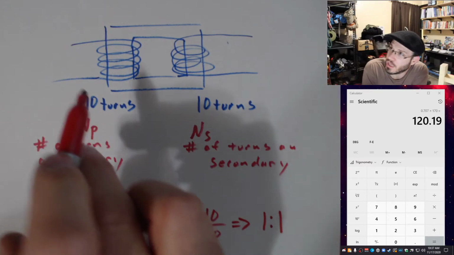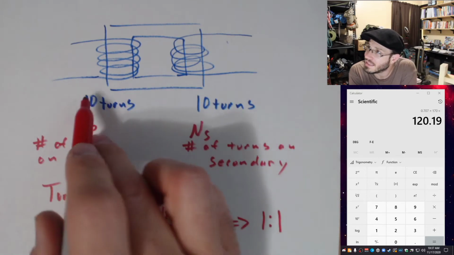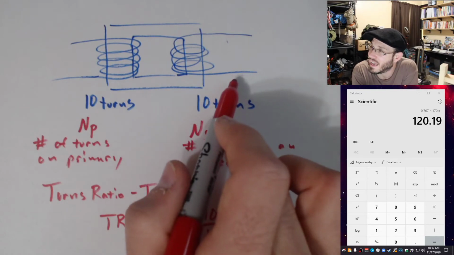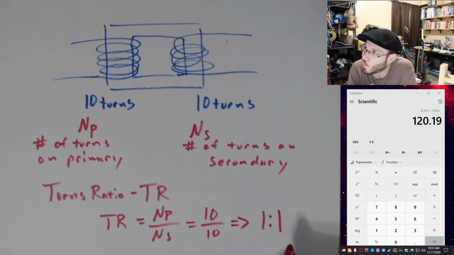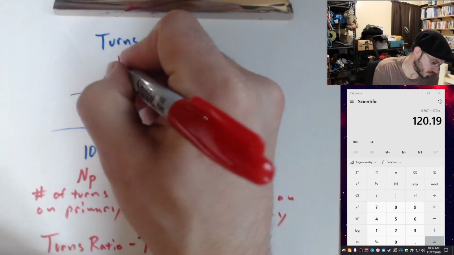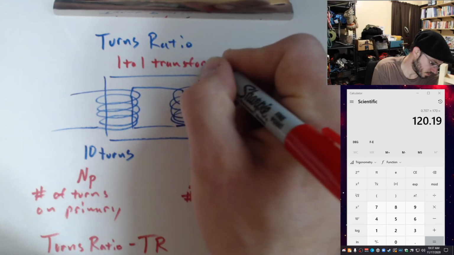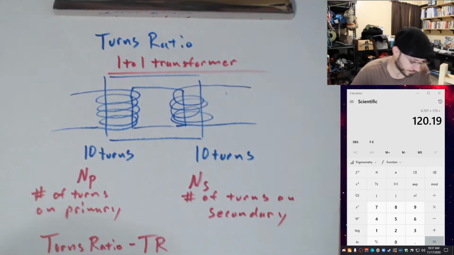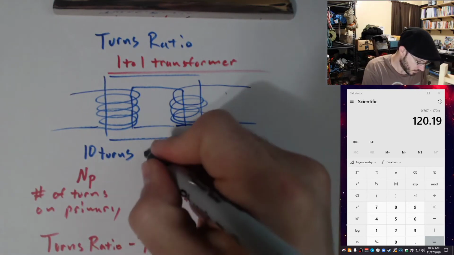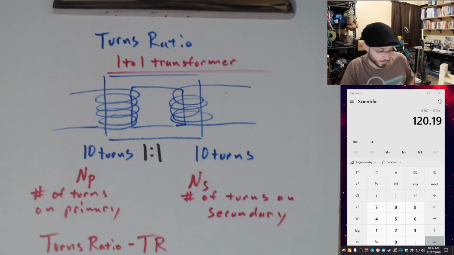It's the ratio of turns on the primary versus the turns on the secondary. Since these both have the same number of turns, 10 on this side, 10 on this side, we can just call this a 1 to 1 transformer, or more properly written this way.